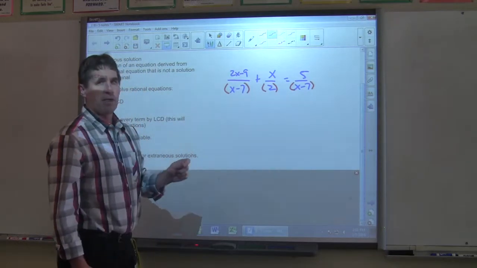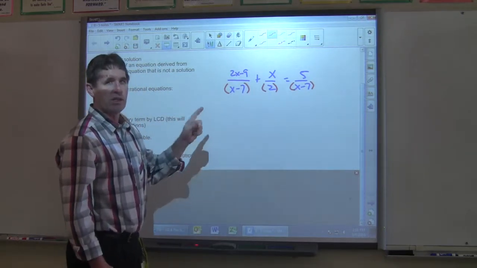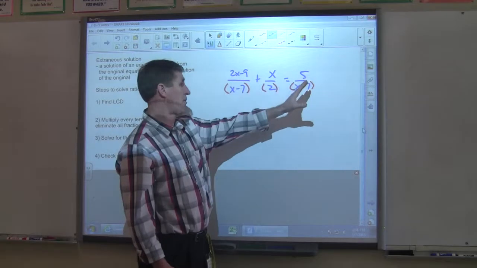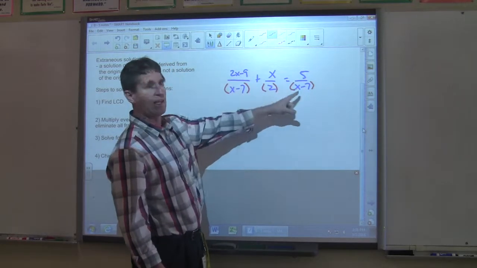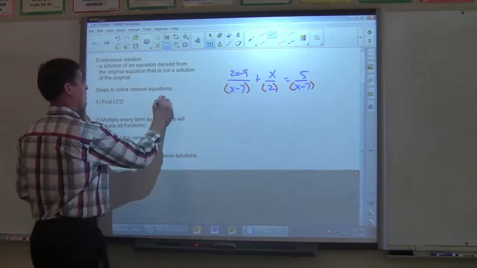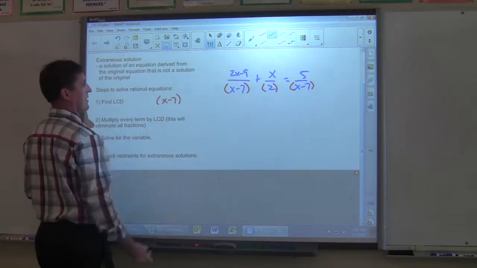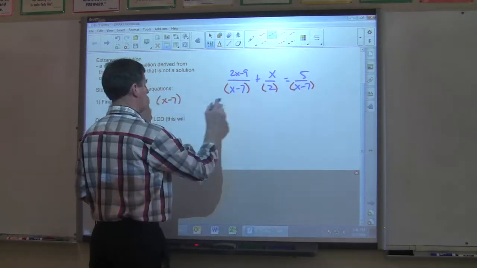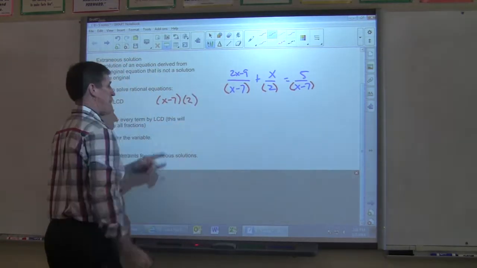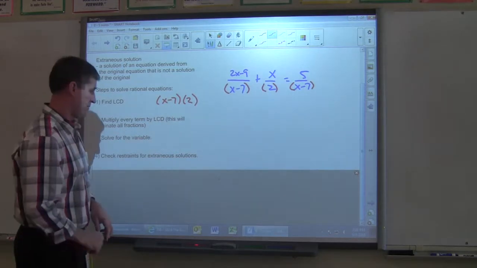Remember, for your least common denominator, you need the most that occurs in any single denominator. So I have 1 here and 1 here, so I have 2, but the most that I have in any denominator is 1. So I need 1 x minus 7. Then I have 1, 2 here, none in either of the others, so again I need 1, 2. So that would be my least common denominator.